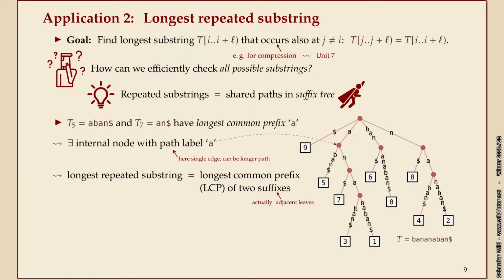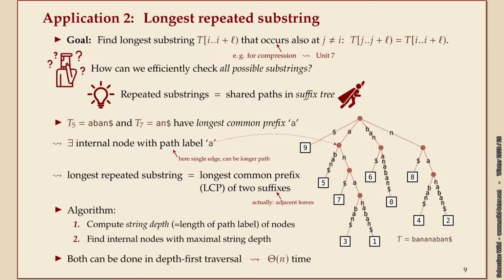It's otherwise known, I'll skip that in the interest of time, it's otherwise known as the string depth of a node. Usually we think of depth in a tree as the number of edges you have to go down, but here the edges somehow have different weights, right? Sometimes I'm doing 3-character jumps or whatever number, and other times it's just a single character.